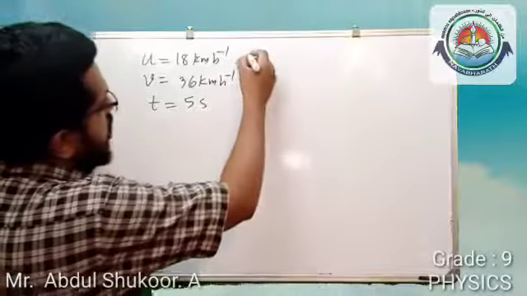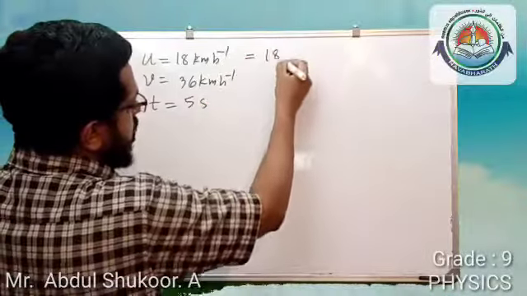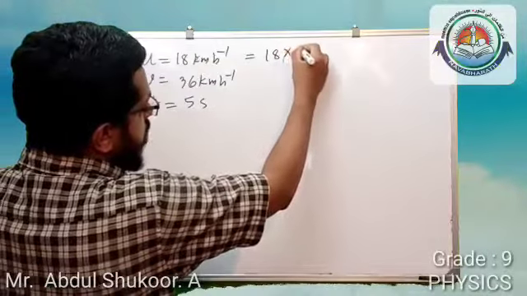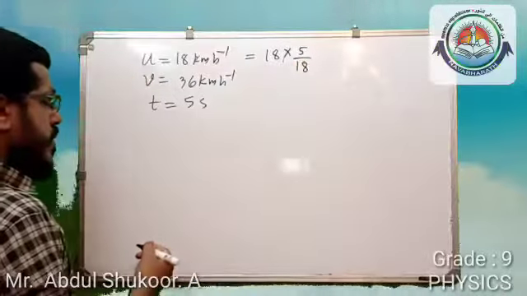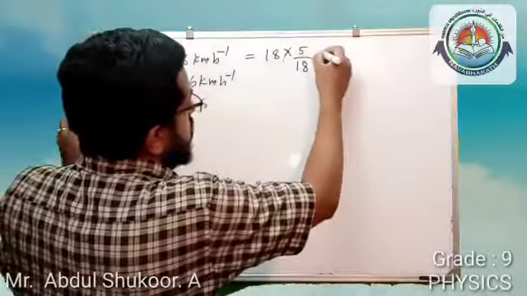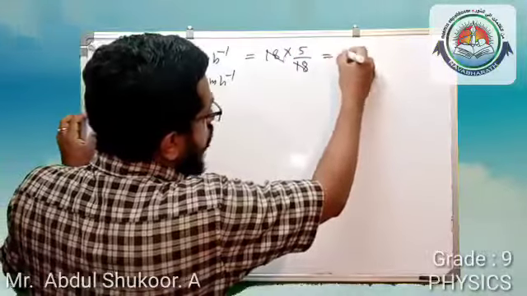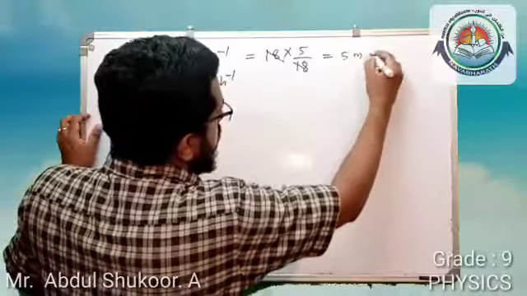We already learned that to change kilometer per hour into meter per second we multiply with 5 by 18. So 18 and 18 cancel, and we get 5 meter per second.